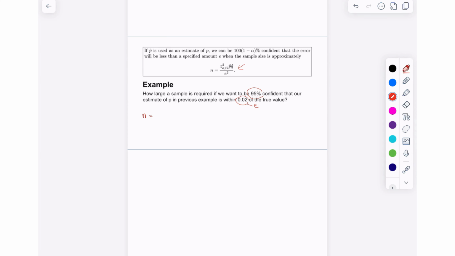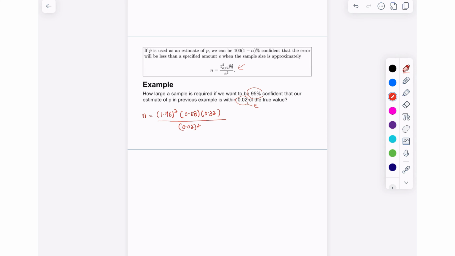equal to Z alpha over 2 square. So Z alpha over 2 previously is 1.96. Okay, P hat is 0.68. Q hat is 0.32. Okay, divide by E, which is the error. So it is given that the E is 0.02 square.